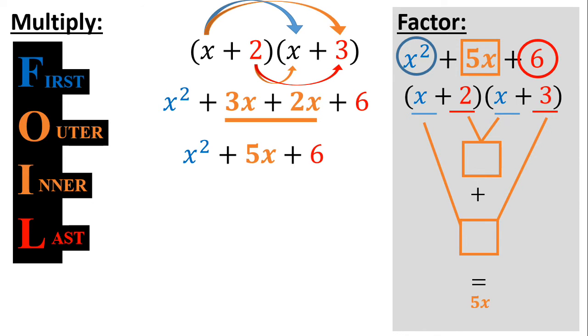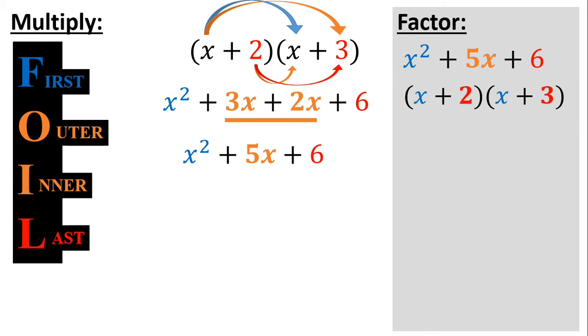So the two terms that do that for me are 2 and 3. 2 and 3 multiply to 6, and 2 times x is going to get me 2x, and 3 times x is going to get me 3x, and 2x plus 3x gets me my 5x, which is that middle term right there.